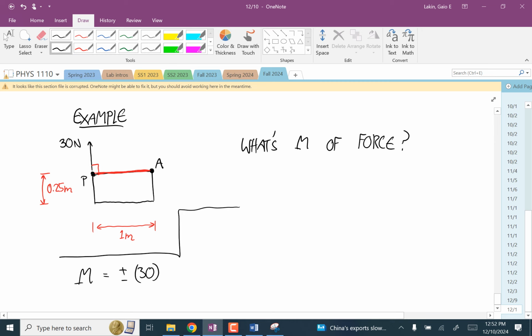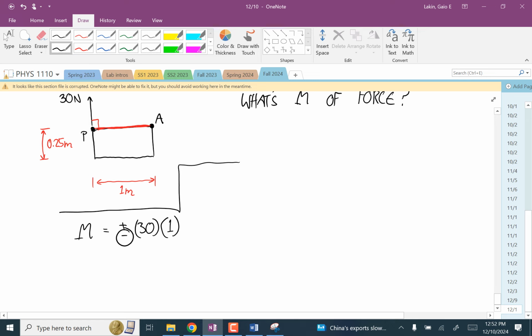What's the length of that red line? Yeah, 1 meter. And if you just think about this one force, would this make the rectangle rotate clockwise or counterclockwise around the hinge at A? Clockwise, and so we want negative.